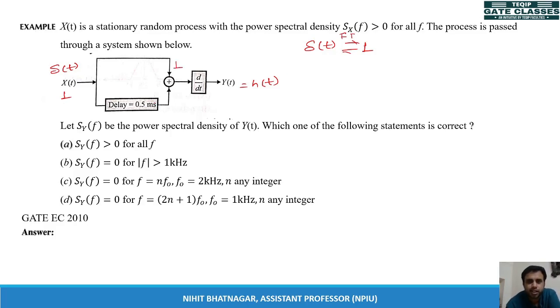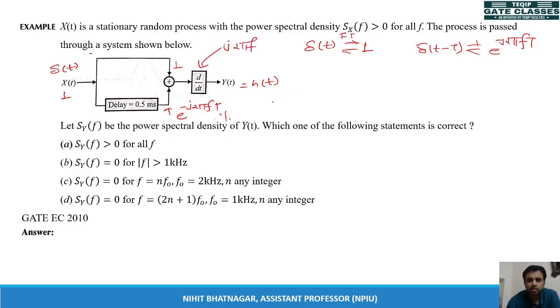Here there is a delay, delta(t minus T), so its Fourier transform is e to the power minus j 2 pi f T times 1. The Fourier transform of d by dt is j 2 pi f.